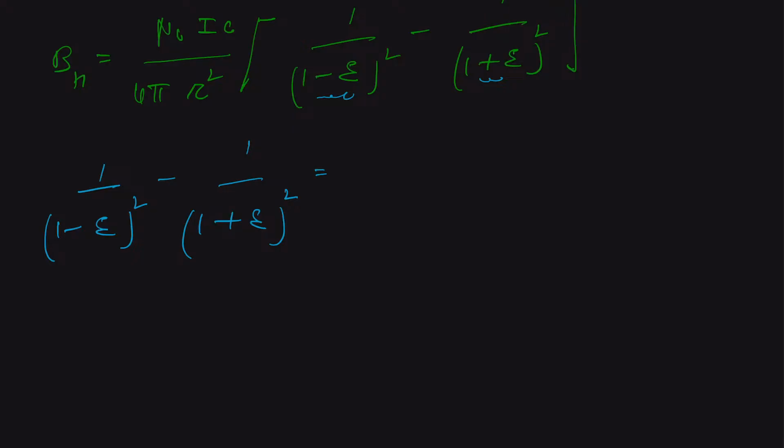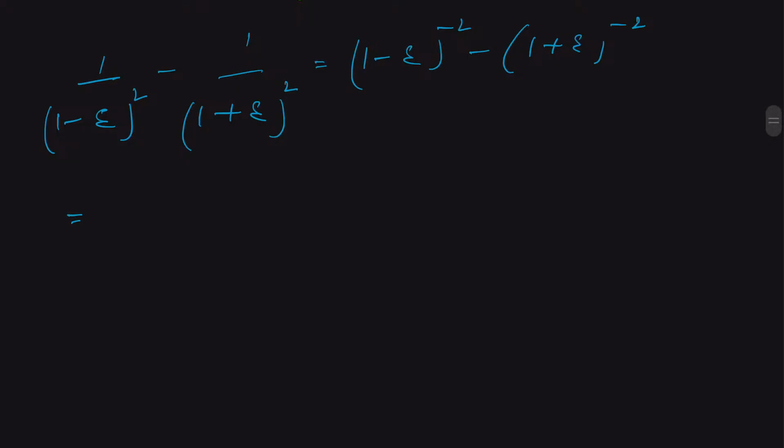And from here, if you open it, the first part will come as 1 plus 2 epsilon, higher order terms we can just neglect, minus 1 minus 2 epsilon. So this will come approximately equal to 4 epsilon.